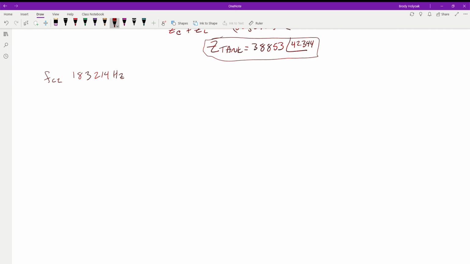So as we go through, the capacitive reactance is 1 over 2 pi times the frequency times the capacitor. So 1 over 2 pi times 183,214 times 330 pico. That gives us 2632 at -90.